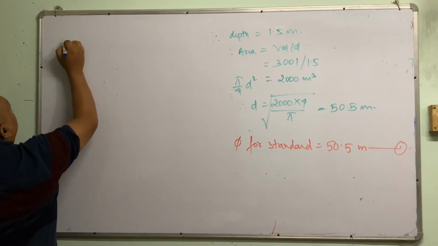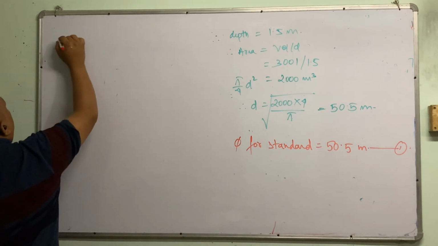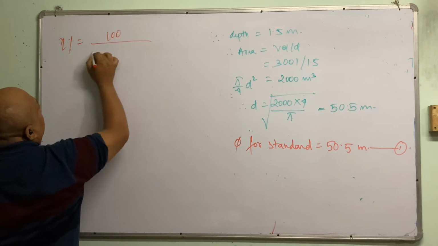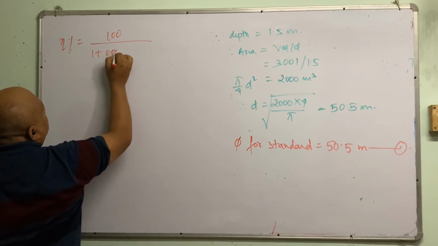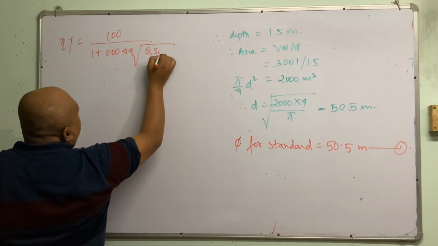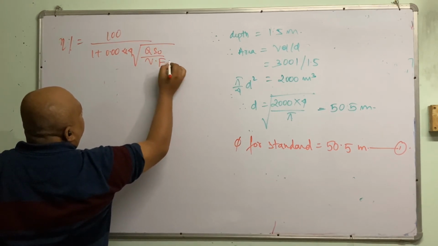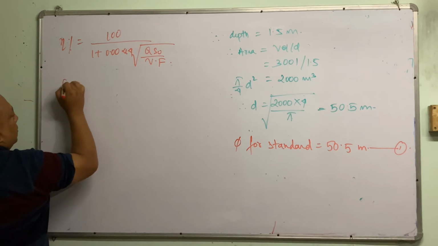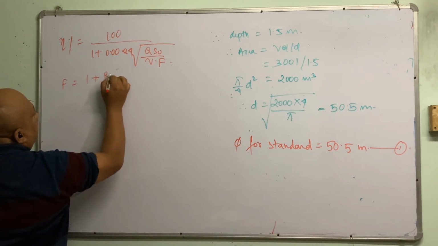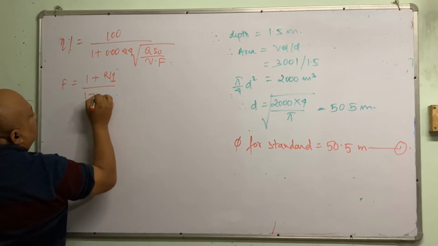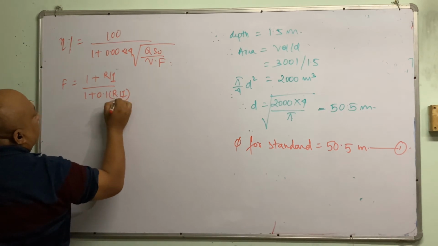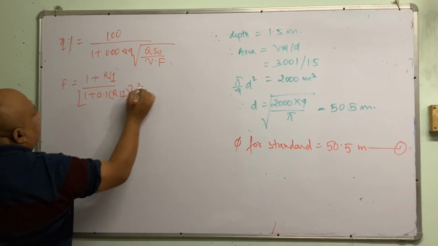Now efficiency is equal to 100 by 1 plus 0.0044 root over QS naught by V into F. So F is equal to, I told you, (1 plus R by I) by (1 plus 0.1 R by I) whole square.